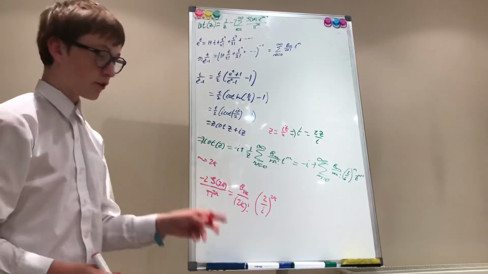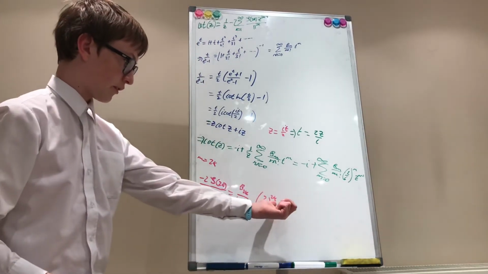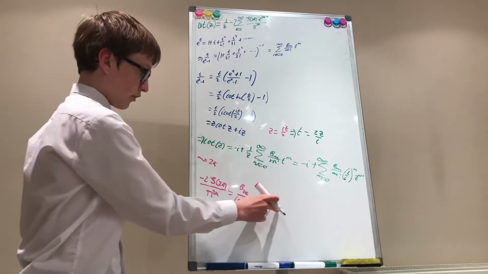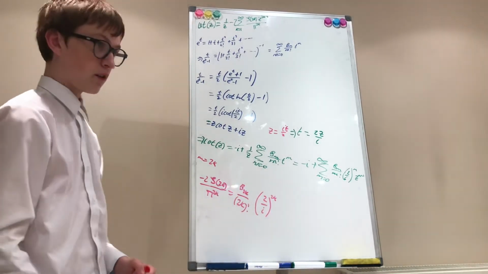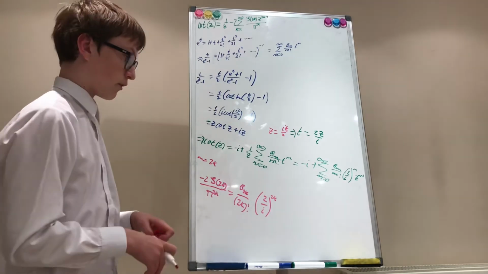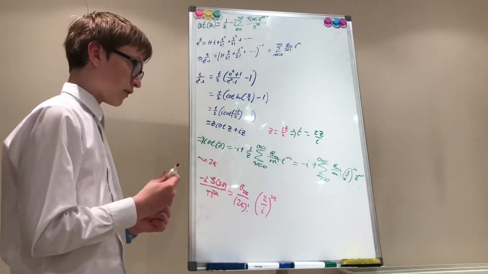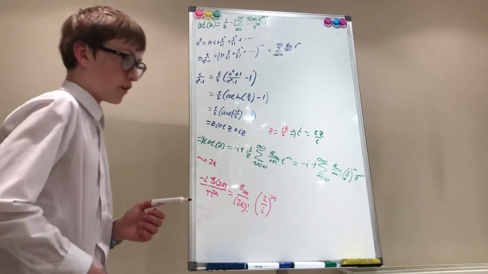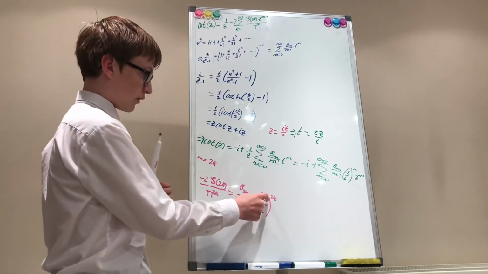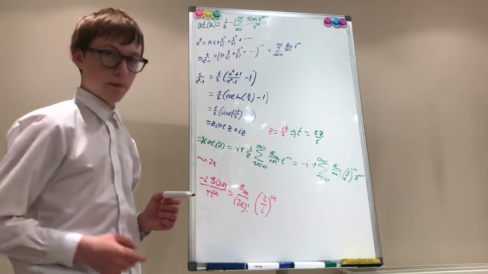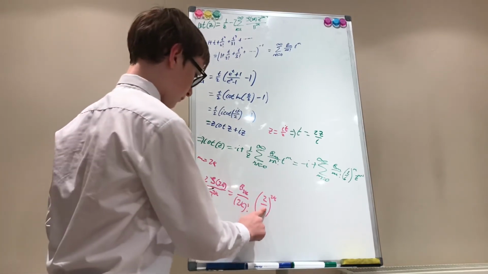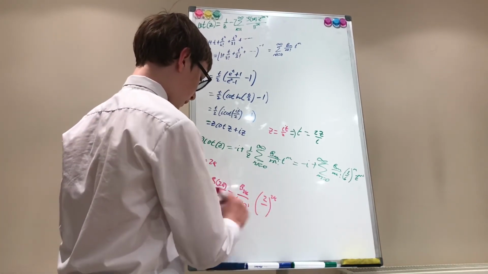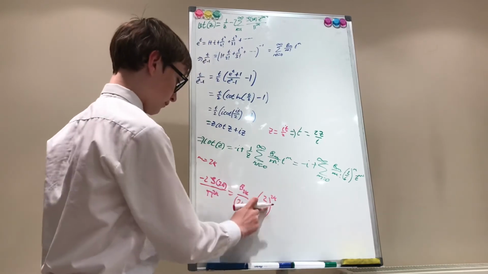Now I want you to notice that because this is to the 2k, this is like 2 squared over i squared to the k. 2 squared is just 2 squared, and i squared is negative 1. But I'm just going to leave it like this for now.